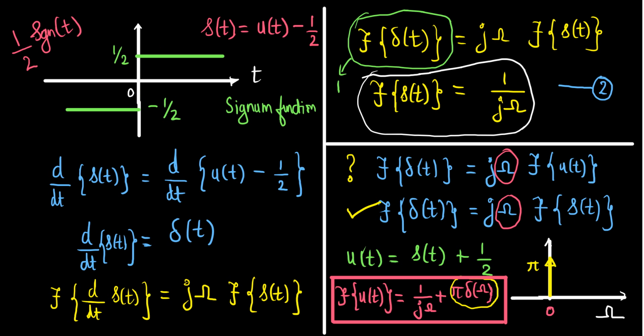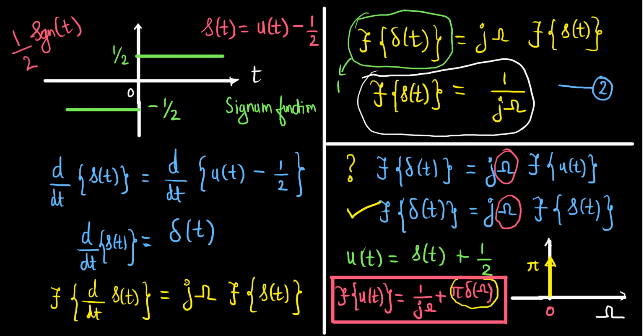We then analyzed both of these equations, and it appeared that the second equation is more correct than the first. That means the Fourier transform of a Signum function is 1 upon j omega, but the Fourier transform of the unit step needs a correction factor because of the DC content present in that signal.